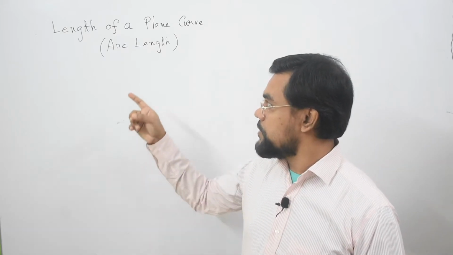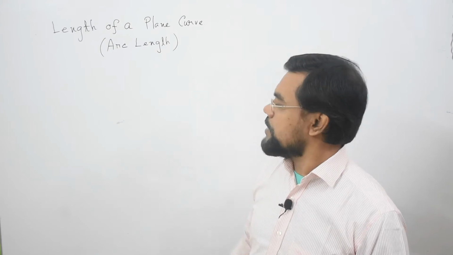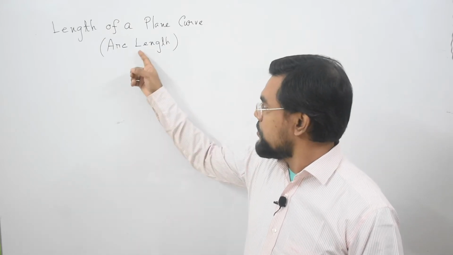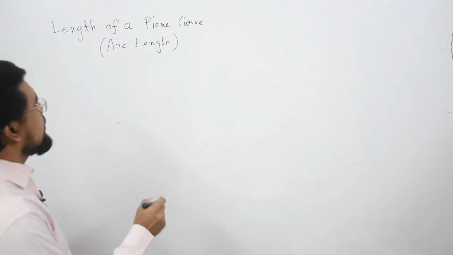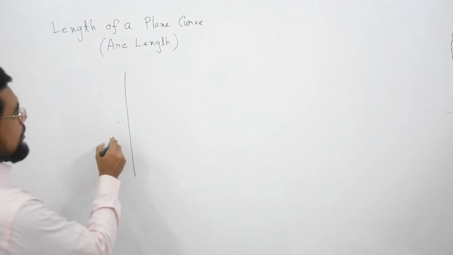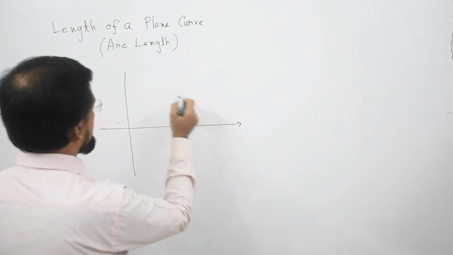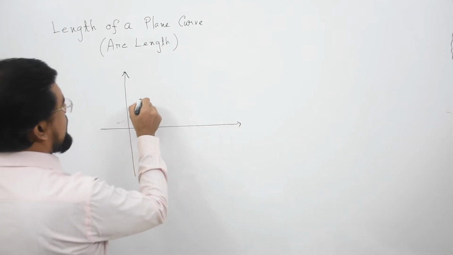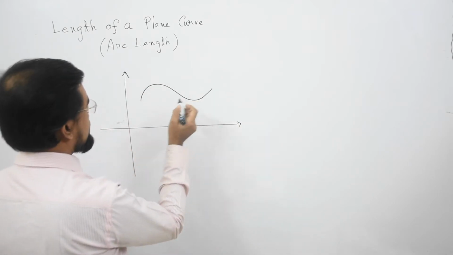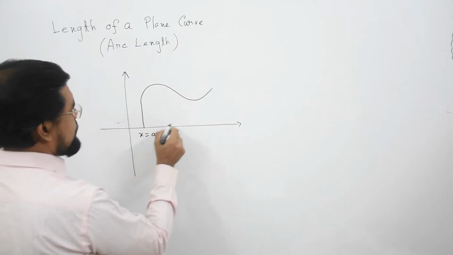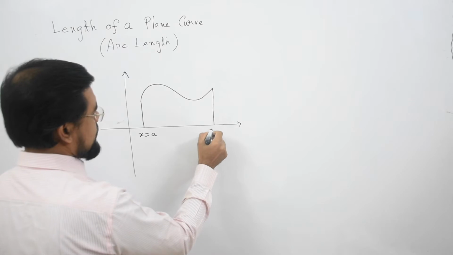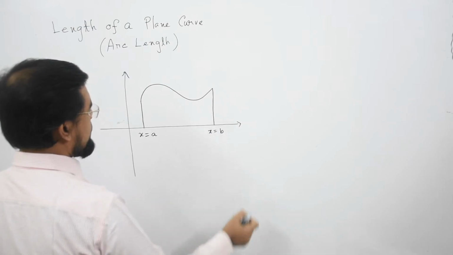The topic of this class is length of a plane curve, which is also known as arc length. So what does it mean by length of a plane curve? Let's draw a curve. We want to know the length of this curve from one end to another end, x equal to a to x equal to b.